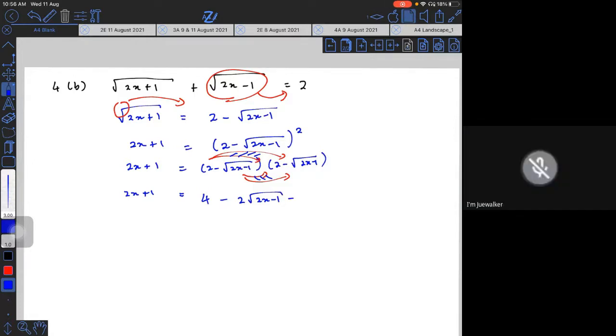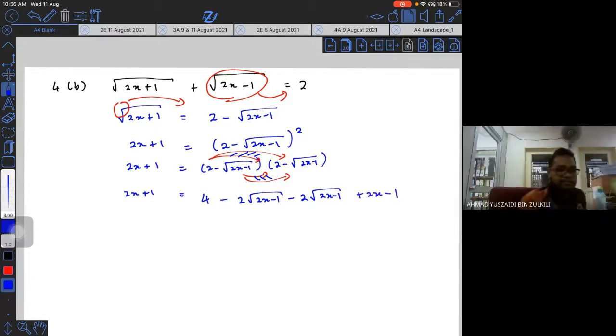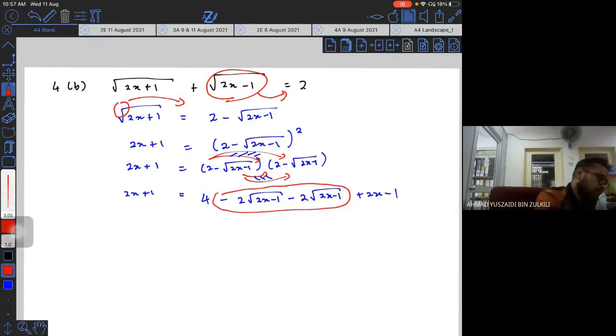Negative 2 square root, minus 2x, minus 1, plus 2x minus 1. Okay, like this. This part you can combine because the square root is the same. So negative 2 minus 2 plus 1 is 4, minus 4 square root of 2x minus 1, because it is a similar surd. When it is a similar surd, we can calculate it. Okay, next. What did you do?